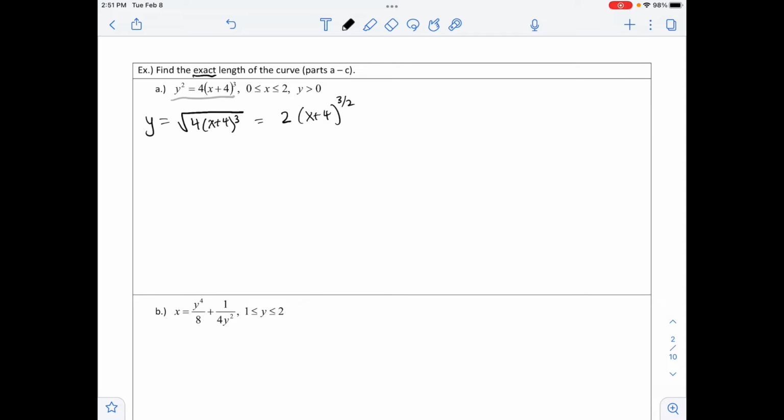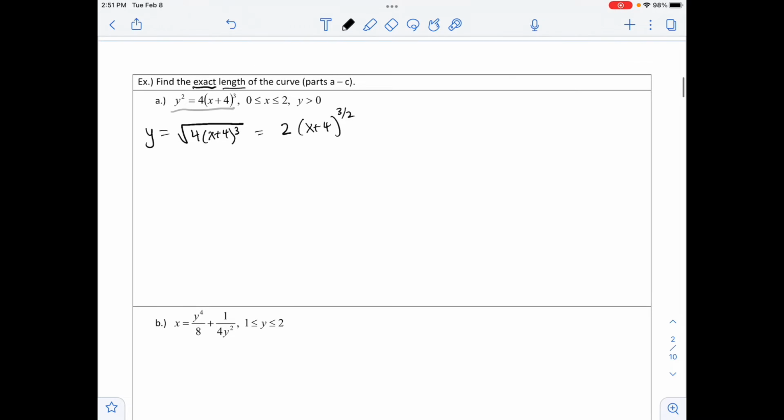And in order to calculate the length, we're going to use the formulas that we just wrote down, which is going to be the integral from a to b of the square root of 1 plus the derivative squared dx. So in order to do this, we need the derivative. We need our dy/dx, or our f prime.